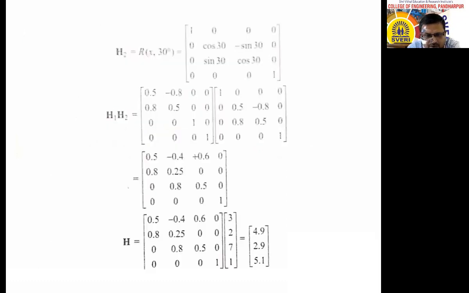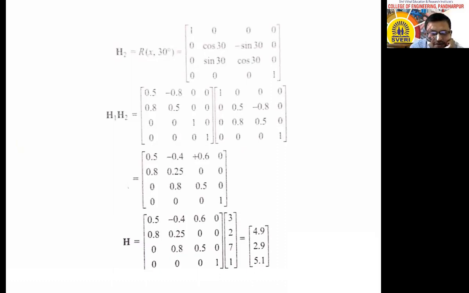Now find out the rotation transformation. Therefore h2 is equal to R of x 30 degrees, which is equal to 1 0 0 0, 0 cos 30 minus sin 30 0, 0 sin 30 cos 30 0, and 0 0 0 1. Therefore h1 into h2 is equal to, now the above matrix is h2, earlier we have seen h1.